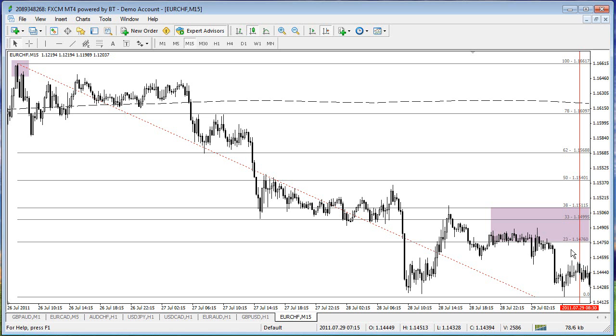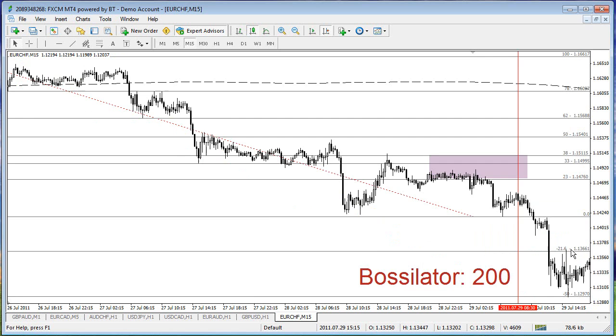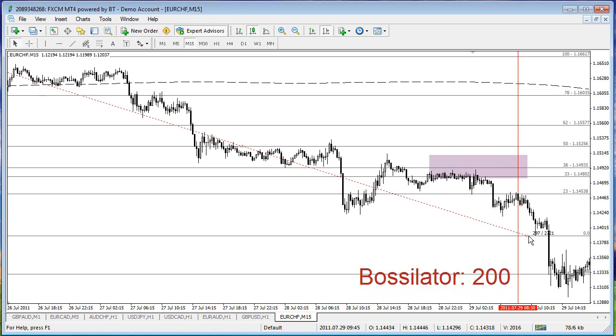Let me show you how we watch for that. If the financial instrument continues to fall, as we are waiting for it to rise up into that 23 to 38 level, we continue to extend our Fibonacci tool ever lower. Every time it makes a new low on the chart, we extend it lower and lower and lower.